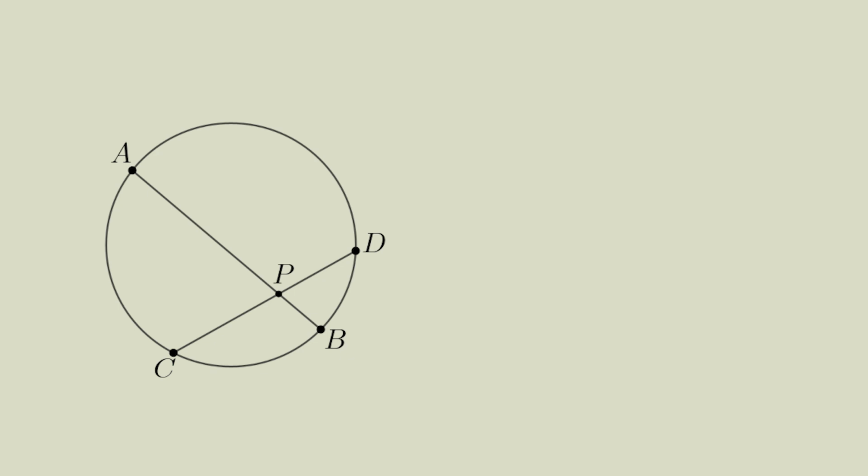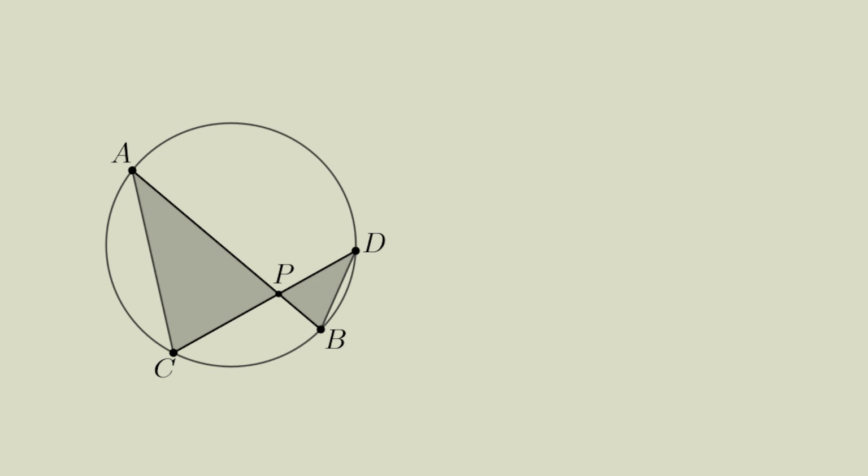Let us consider these 4 parts as sides of 2 different triangles. See, like this. We join these 2 points A and C, and we join the points B and D so that we get 2 different triangles.